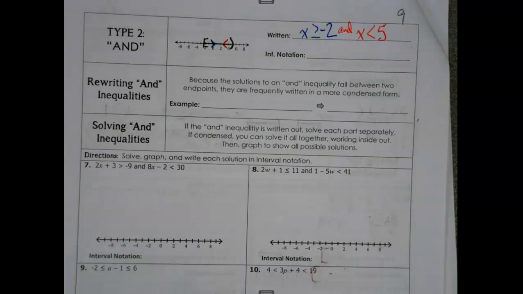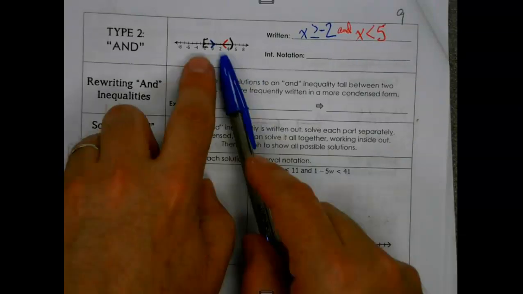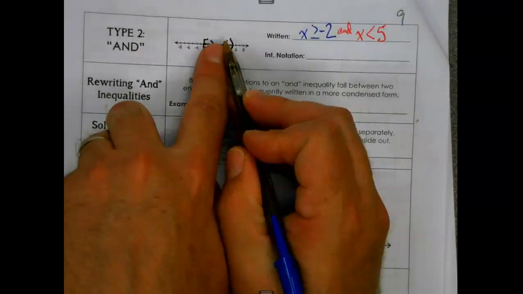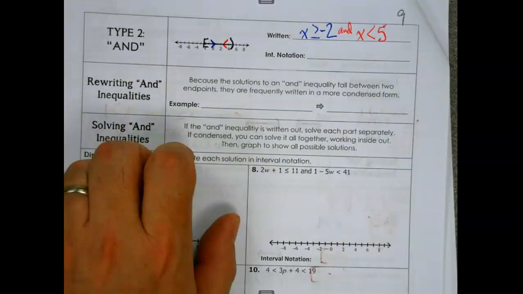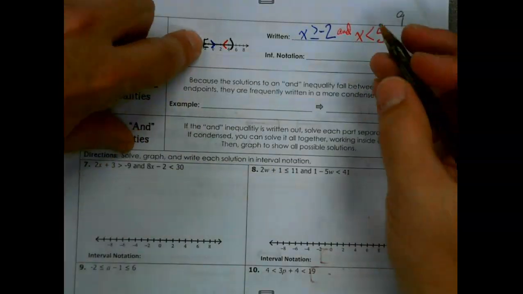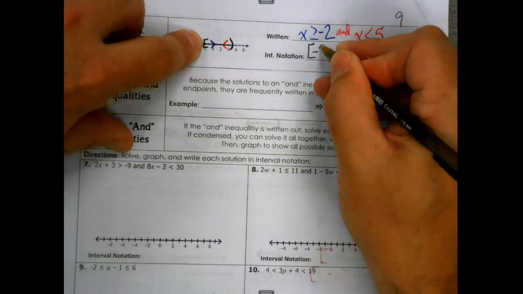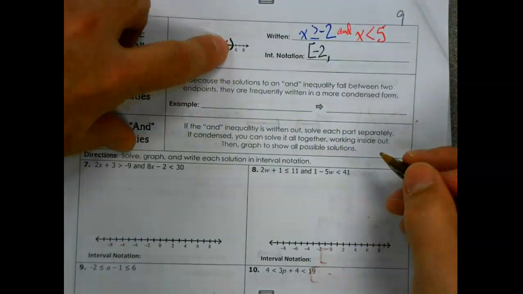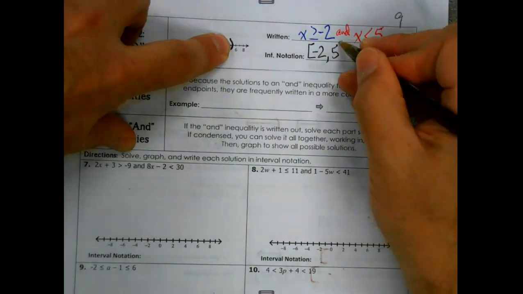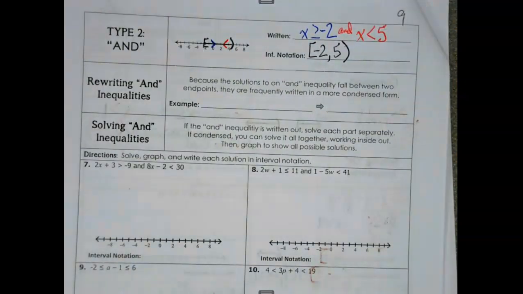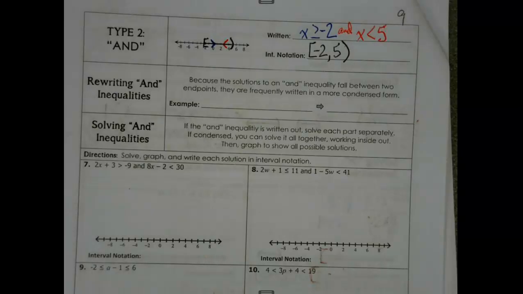So what's the thing? Here's the cool thing. No arrows going out, right? So there's no infinities with these. You just start at the left with your first value, and you end at the right with your second. That's it. Little tiny interval notation, just what's going on in between.